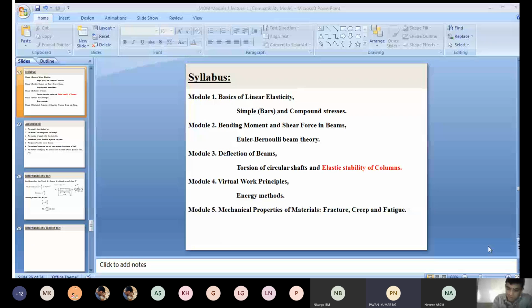Give me an example for bars. Pawan Kumar, go ahead, man.